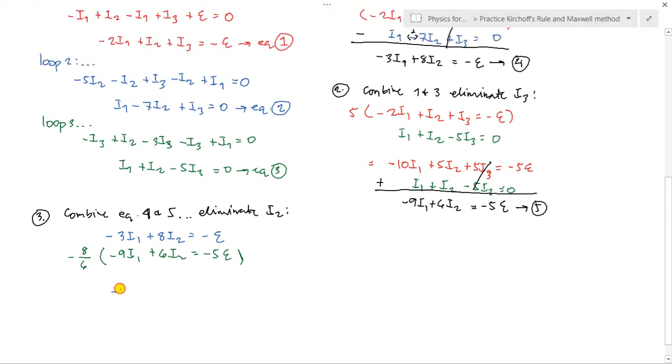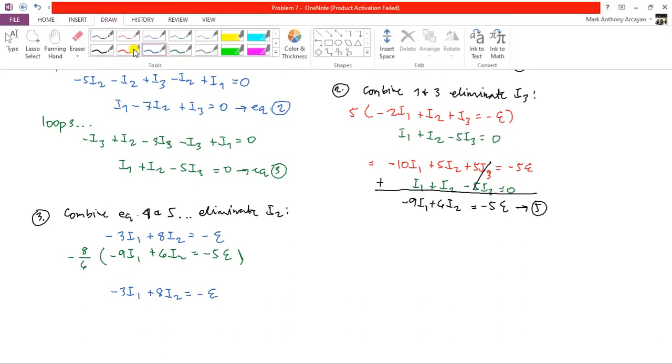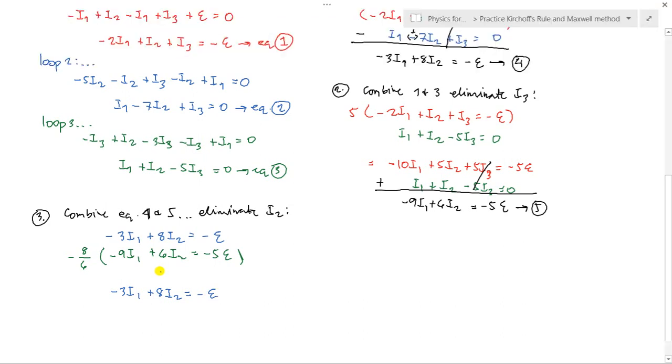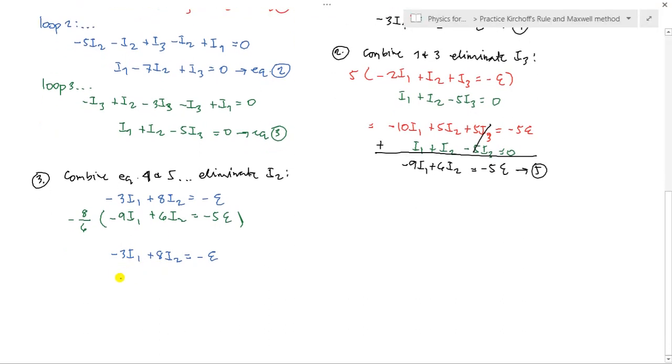So we have negative 3I1 plus 8I2 is equals to negative e. The second equation, since we multiplied by negative 8 over 6, becomes positive 72 over 6 I1. Then the second term is minus 8I2 is equal to this one, positive now, that is 40 over 6e.